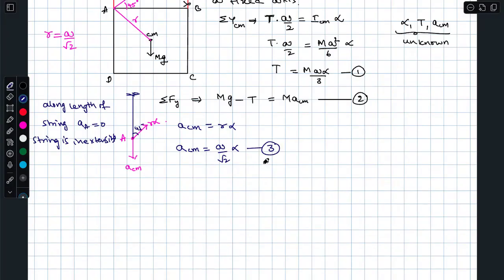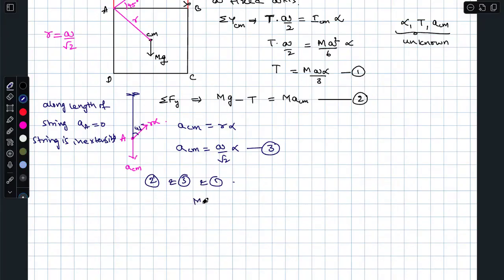Okay, no issues. So now what I need to do is use equation 2 and equation 3, and equation 1 I will use, and I will add 1 and 2.